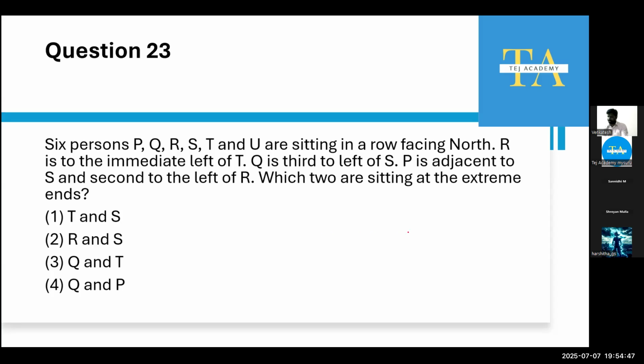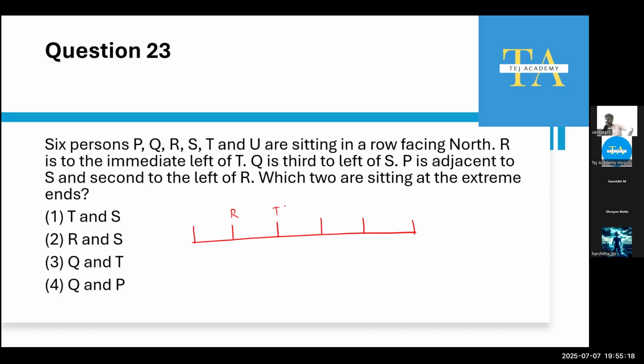There are 6 persons, 1, 2, 3, 4, 5, 6, facing the north direction. The given information is R is left to T. If I place R here, then T sits here.